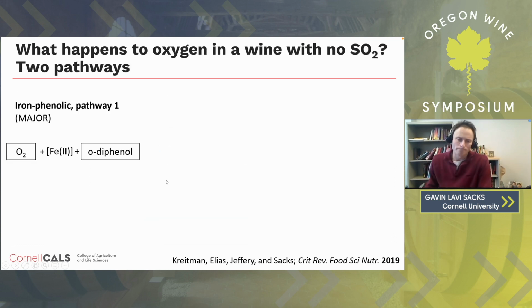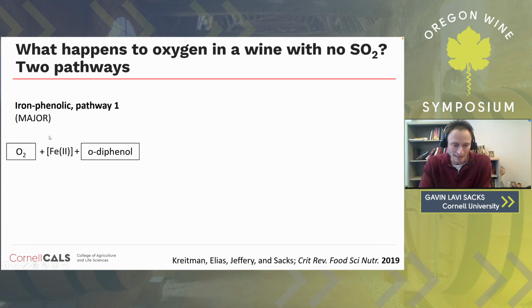Okay, so we've got two pathways that are well established to happen if we take a wine that has little or no SO2 and we expose it to oxygen. One I refer to as the iron phenolic pathway because it involves oxygen and iron and a phenol. Again, another diphenol, just like we saw when we were talking about what happens to must as it oxidizes.